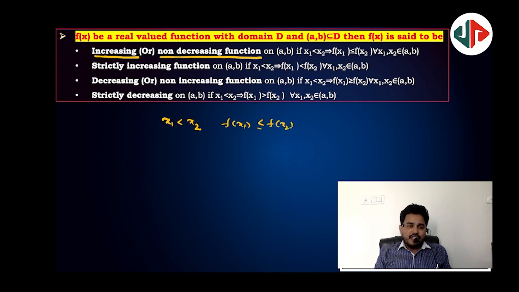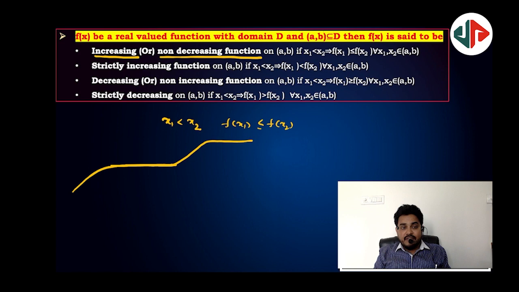So that means the function may be increasing, sometimes remains constant, then remains like this. It is increasing but not decreasing. It is also maintaining the constant for some time. So it is not a strictly increasing one. It is only just increasing, or we call it non-decreasing.